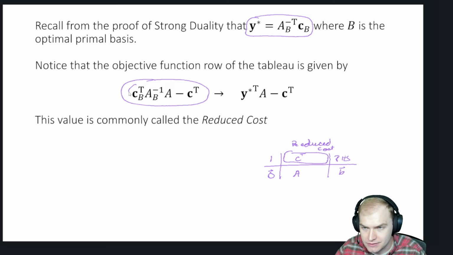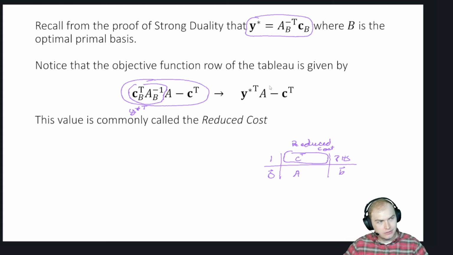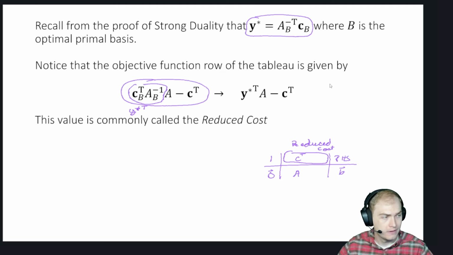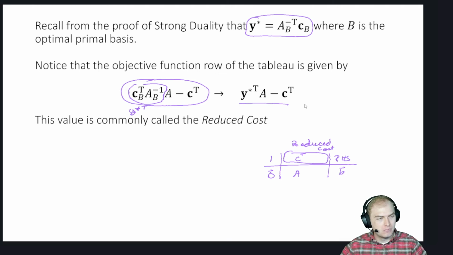We notice that this is just y star transpose. So we have this. If we have a dual optimal solution, then the reduced cost for the optimal basis, this only works for the optimal basis, the reduced cost is a function of the dual optimal solution.